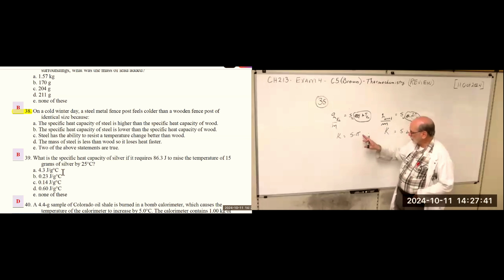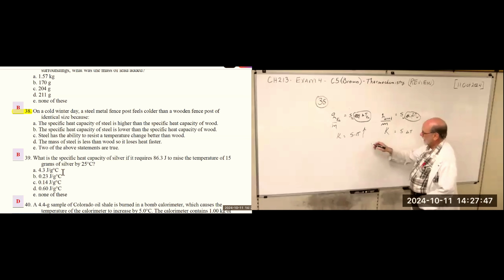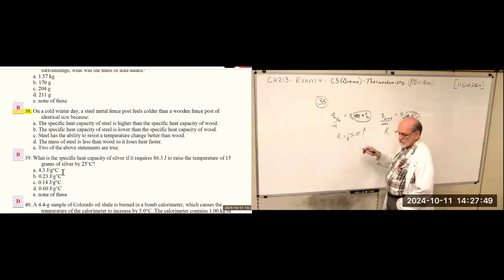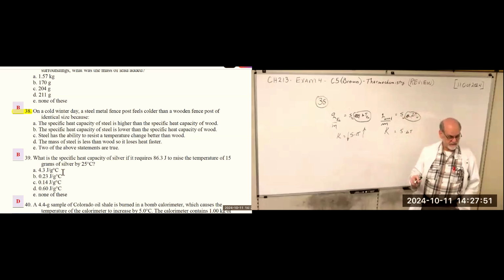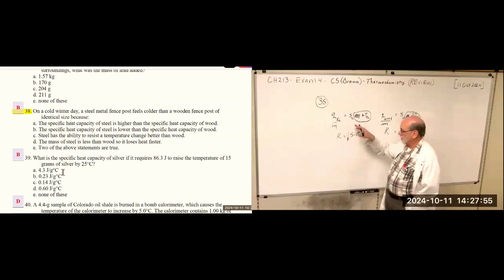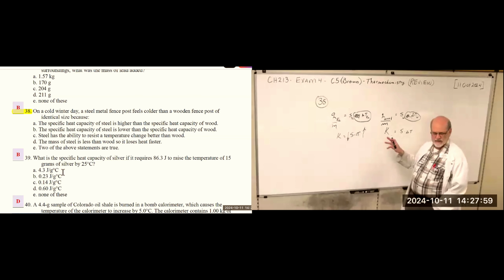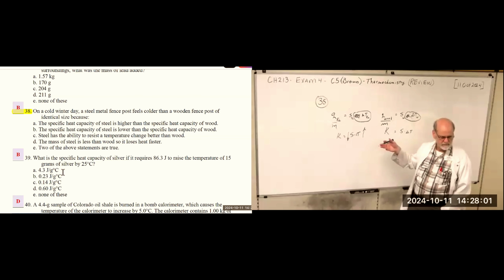All right. So we know that if this is constant for both of them, and this one feels colder, that means the difference in temperature has to be larger than this one. That means the specific heat has to be less. Specific heat for iron or the steel fence post must be less than this one. Remember, this is like Boyle's law.